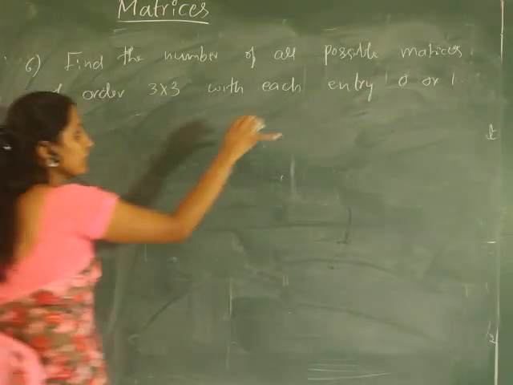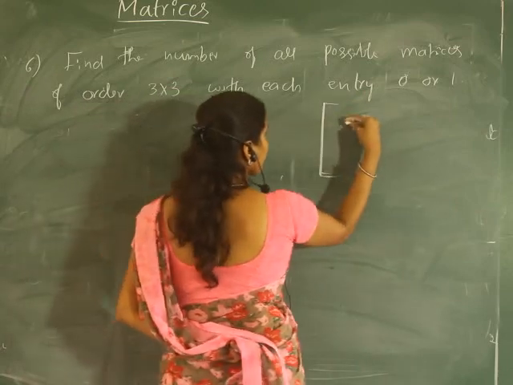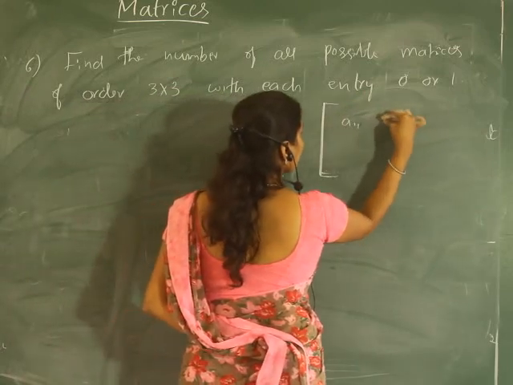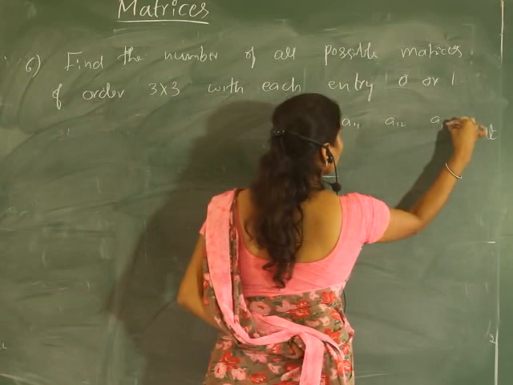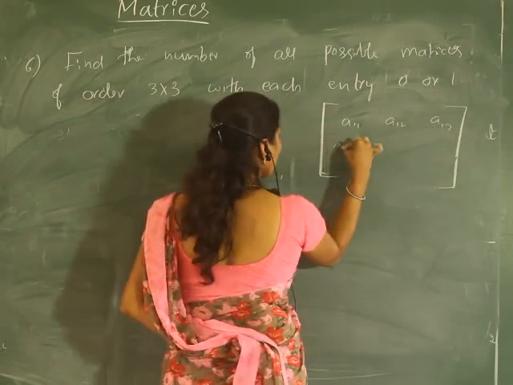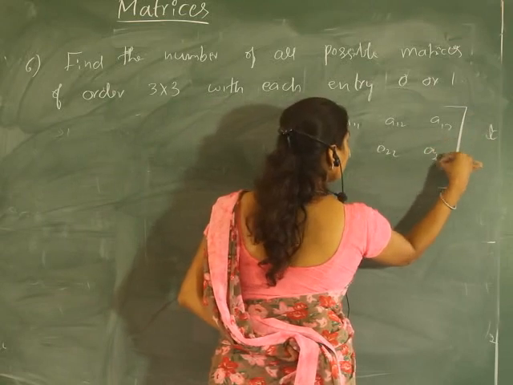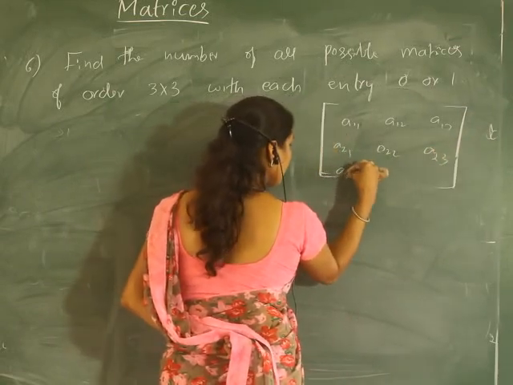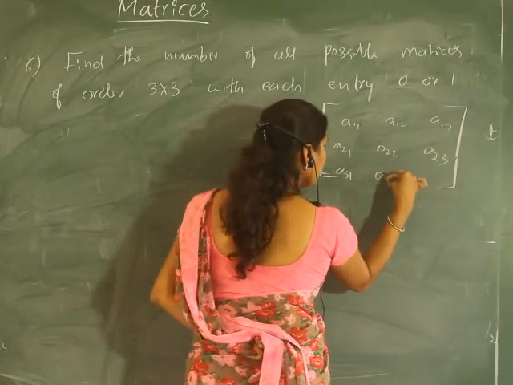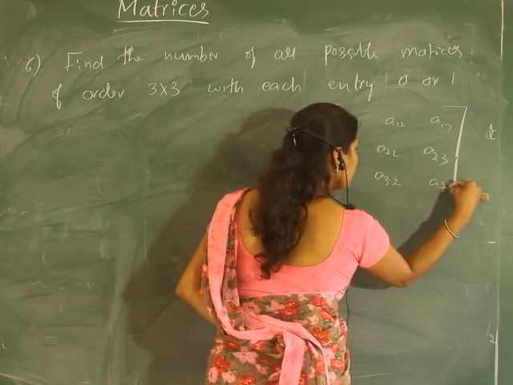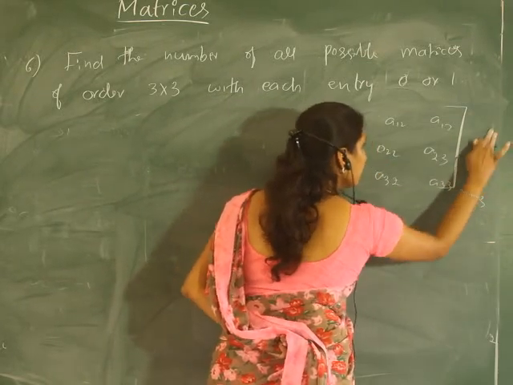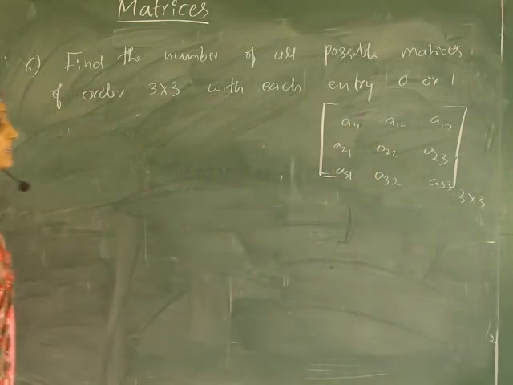So let me write a matrix: A11, A12, A13, A21, A22, A23, A31, A32, A33. This is a 3 by 3 matrix.